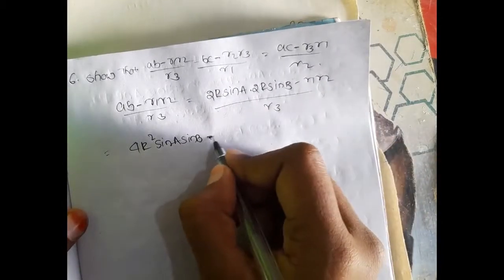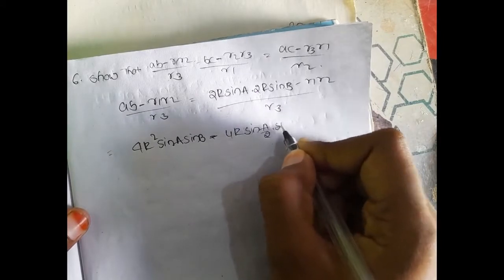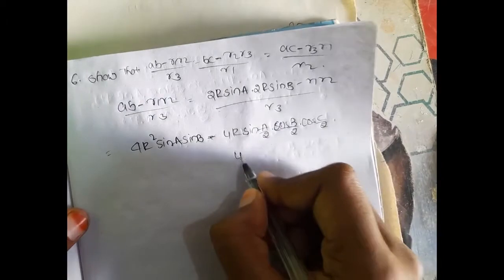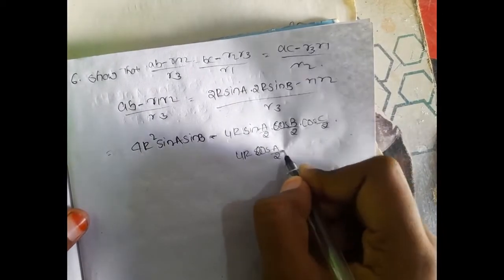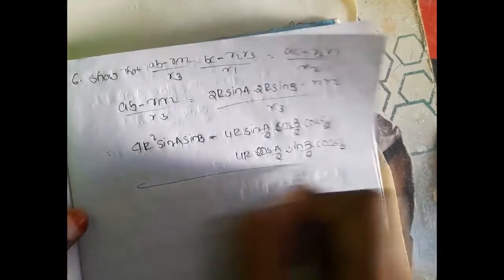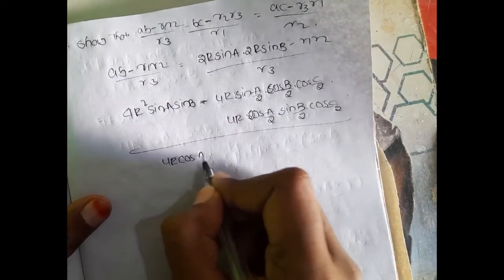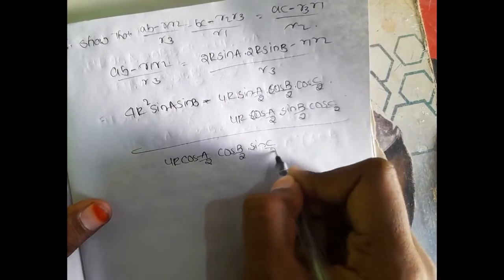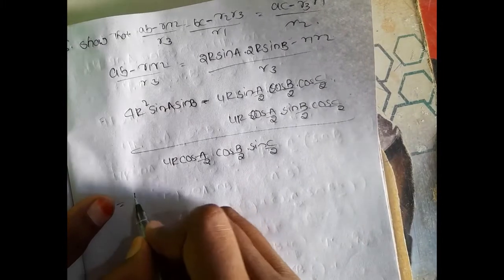What is the formula of r1? 4R sin(A/2) cos(B/2) cos(C/2). Into r2, the formula is 4R cos(A/2) sin(B/2) cos(C/2), divided by r3. What is the formula of r3? 4R cos(A/2) cos(B/2) sin(C/2).